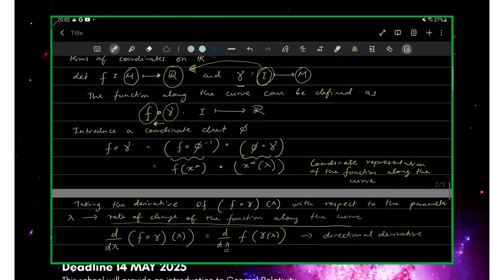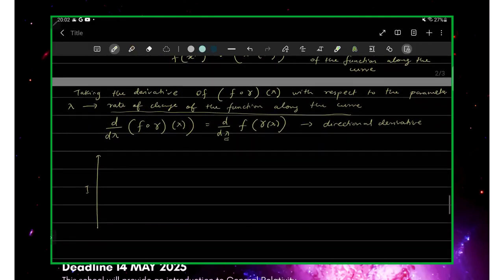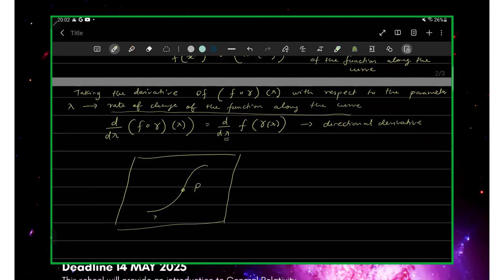And in fact, that is the most interesting part of the generalized directional derivative because, okay, let me explain this a little bit more intuitively. I think that would be easier to understand. Of course, this curve is parameterized by lambda, but lambda is not a constant or anything like that, right? It's a parameter that should change as you move along this P, right? So what happens is this directional derivative changes as you move from here to here to here and so on along the curve, right?